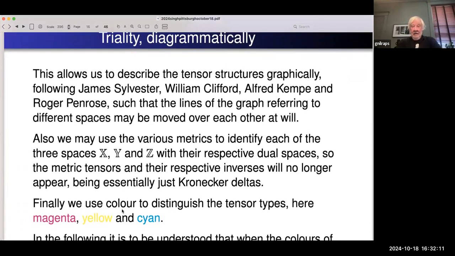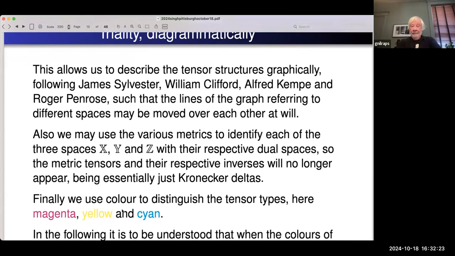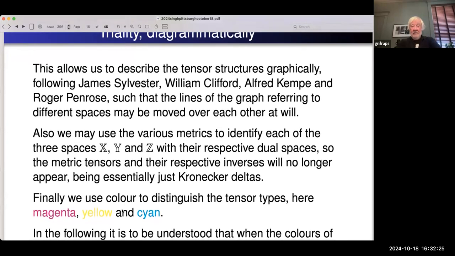So there's a long tradition of diagrammatical approaches to tensors, culminating in Penrose's famous paper on negative dimensional tensors. We're actually not going to use negative dimensional things today.